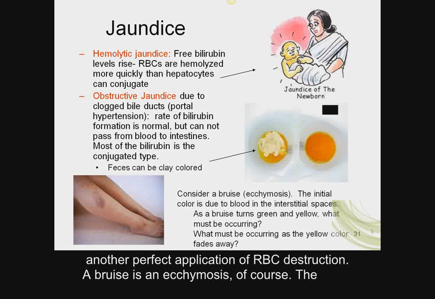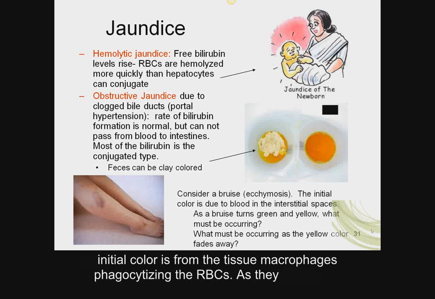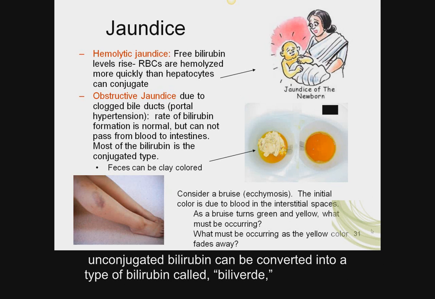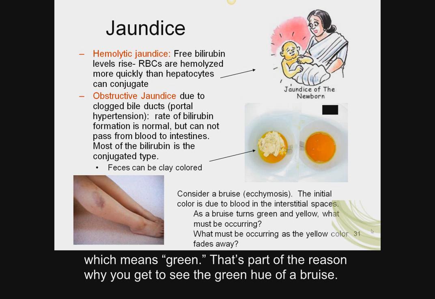A bruise is another perfect application of red blood cell destruction. A bruise is an ecchymosis, of course, and the initial color is from the tissue macrophages phagocytizing the red blood cells. As they are doing this, they release the unconjugated bilirubin, and in the tissue, the unconjugated bilirubin can be converted into a type of bilirubin called biliverdin, which means green.